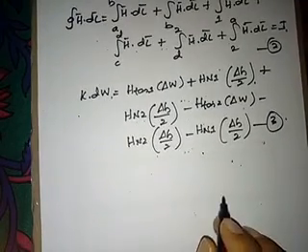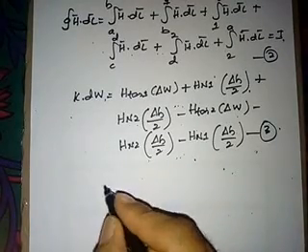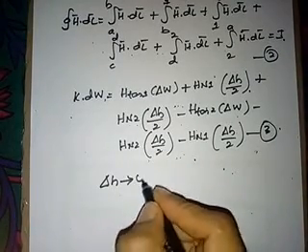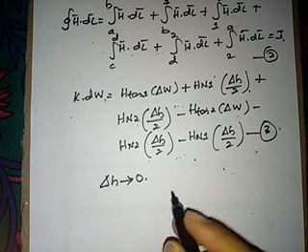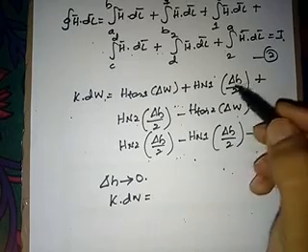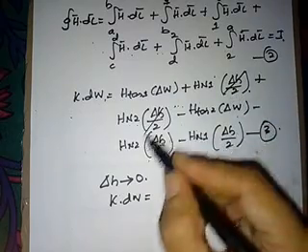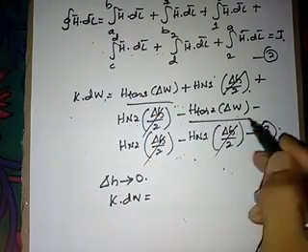To get the boundary conditions, delta h should tend to 0, the height should become equal to 0, to get the boundary conditions at the boundary. Therefore K dot dw will be equal to, as h tends to 0, this will become 0, this is 0, this is 0, so only this and this term will remain.